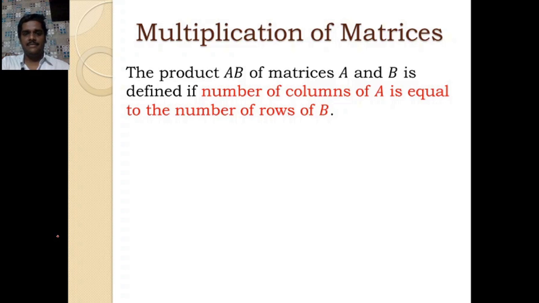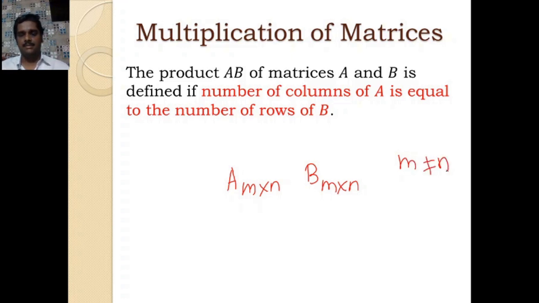Suppose I take two matrices, A of order m by n and B of order m by n, and I take m not equal to n, number of rows not equal to number of columns, and I want to define this product A into B. To define product A into B, the number of columns in the first matrix, our first matrix is A and the number of columns is n, must be equal to the number of rows in the second matrix.